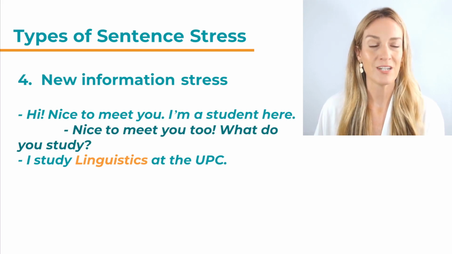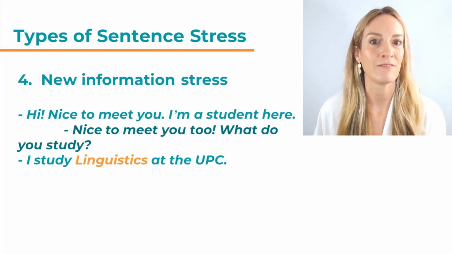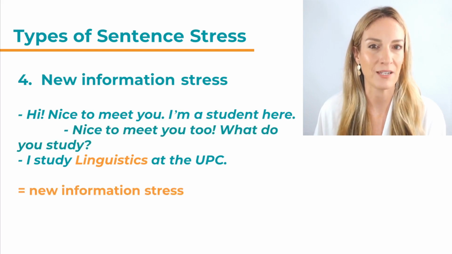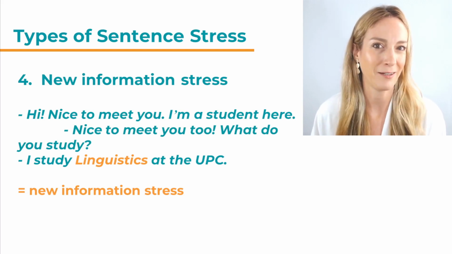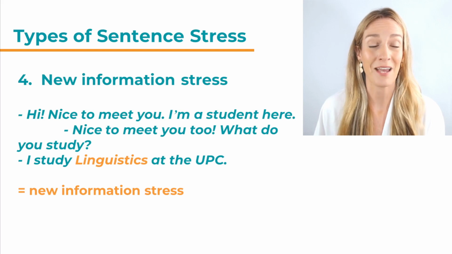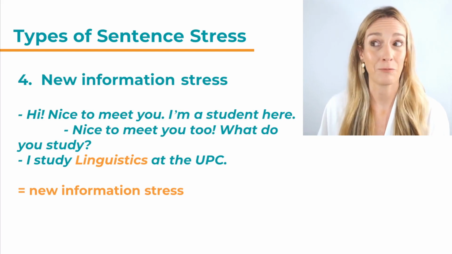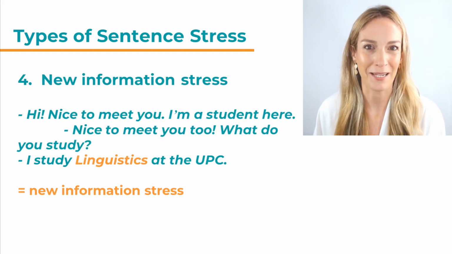So that word, linguistics, stressed on the third syllable, would receive the main stress because it is new information. Now, of course, all of those four could kind of also appear together, which makes sentence stress sometimes a little bit difficult to understand, and understand when you hear it, but also understand when you want to use it correctly.